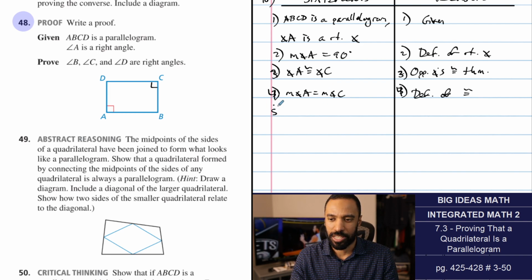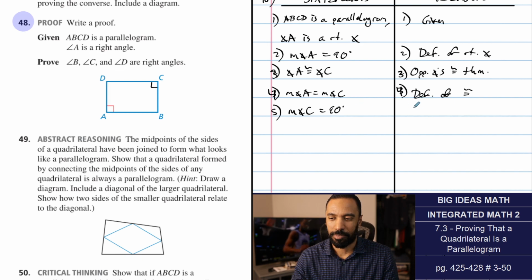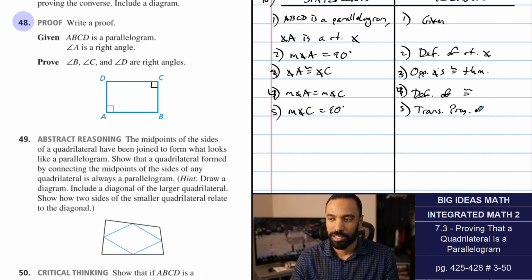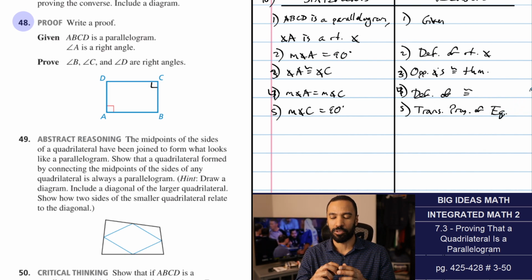So measure of angle C is 90 degrees by the transitivity property of equality. Sorry. Therefore, angle C is a right angle. I'll do that with all the other ones, but angle C is a right angle there.